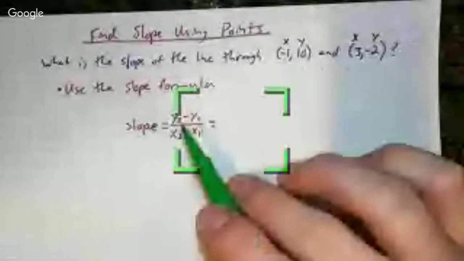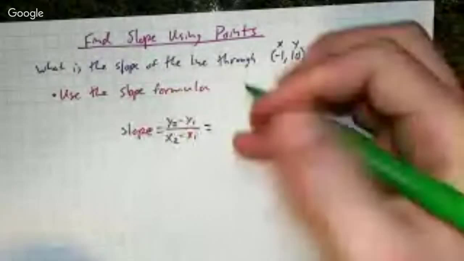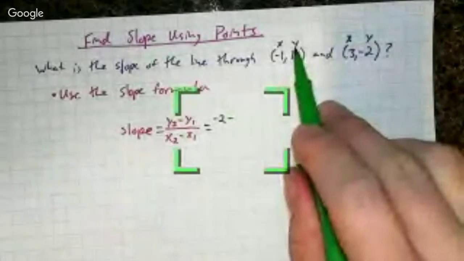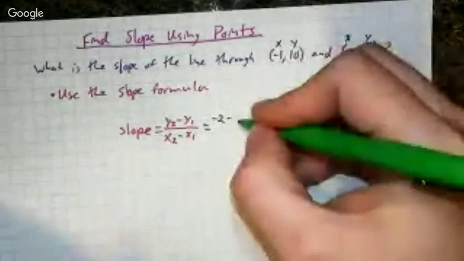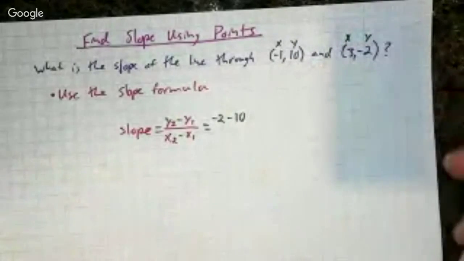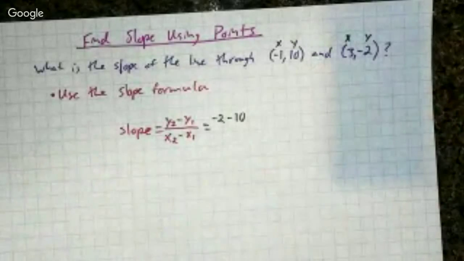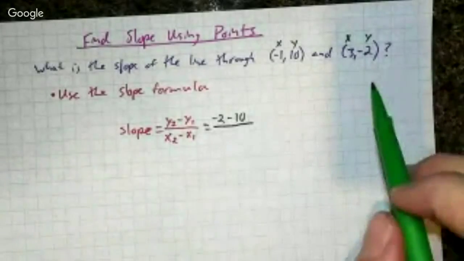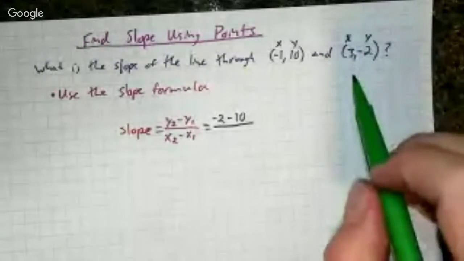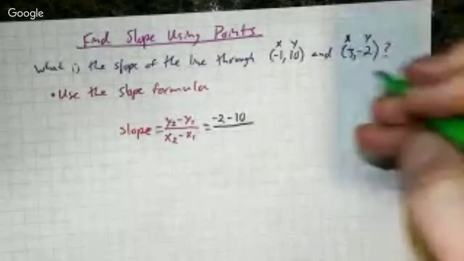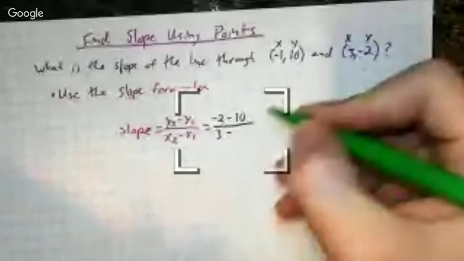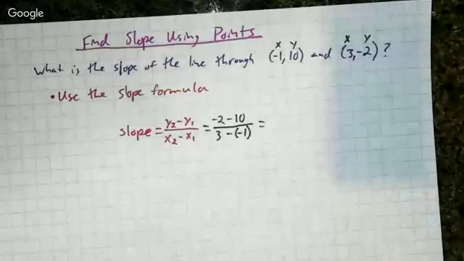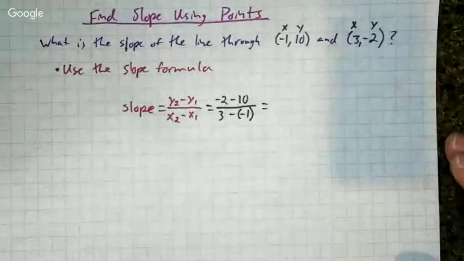So let's start with y2. This would be my y2. So it's going to be negative 2 minus my y1, which is right here, negative 2 minus 10. Okay? Over, now I'm going to have x2, which is right here, 3 minus x1, which is negative 1. Now, we just go ahead and solve.